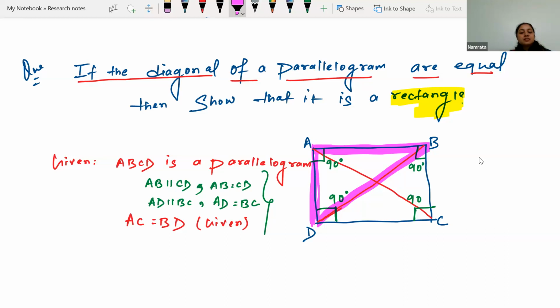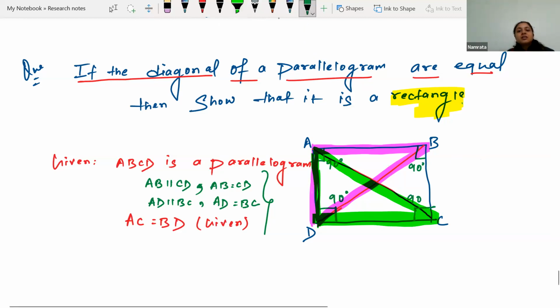And what else? Let's take the other triangle where the other side of the parallelogram is present. Then only we will be able to prove the congruency. So let's take the other triangle as this green triangle. So pink triangle and green triangle. Why pink and green? So that we can use the information we have in hand, that is AB is equal to CD for a parallelogram.